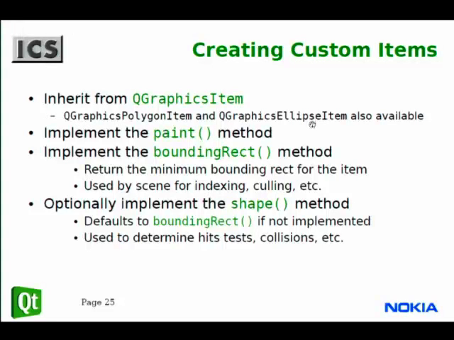We'll show you how to do both. BoundingRect has to return the minimum bounding rectangle for the item. It's used for scene indexing as well as culling. And then there's another method called shape, which actually returns boundingRect by default if you do not implement it. This is used to determine hit tests, collisions, and so on and so forth.